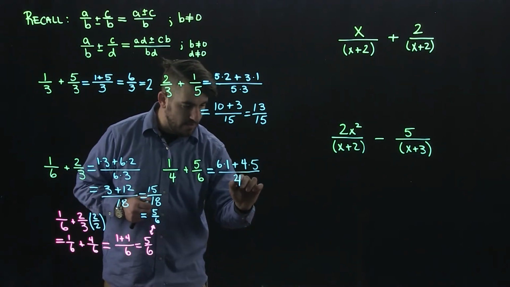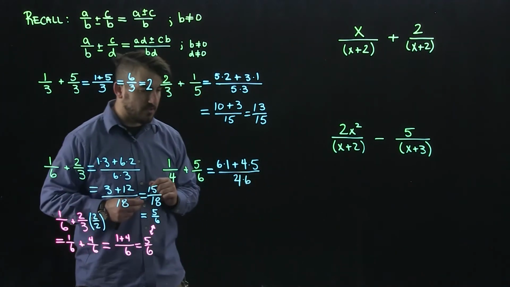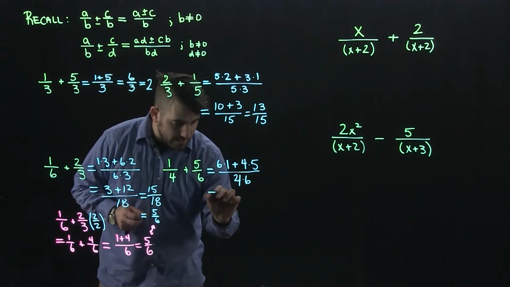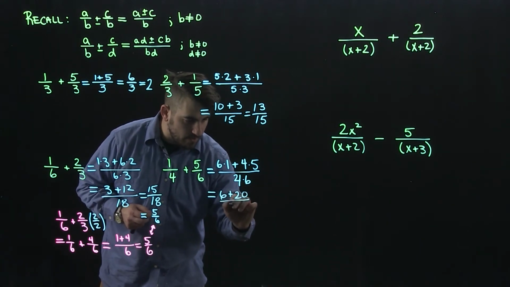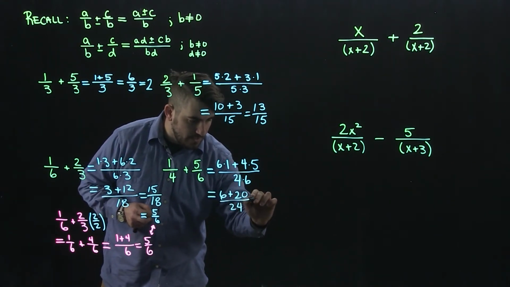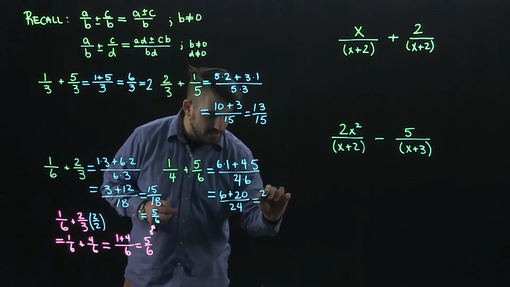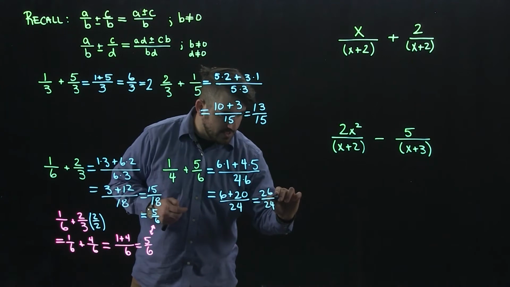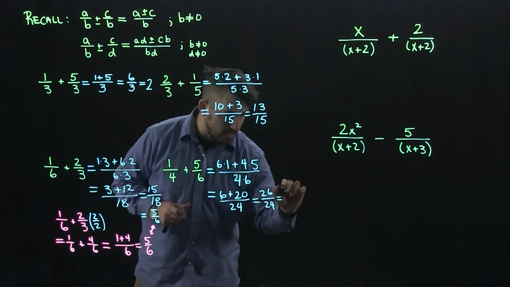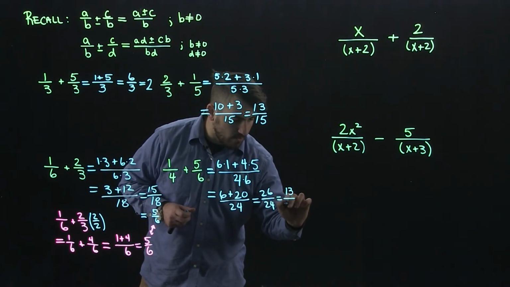Let's do 4 times 6. I'll do the multiplication next. So that's going to be 6 plus 20 over 24. So that's going to be 26 divided by 24. Divided by 2 to the top and bottom, we get what? 13 over 12.